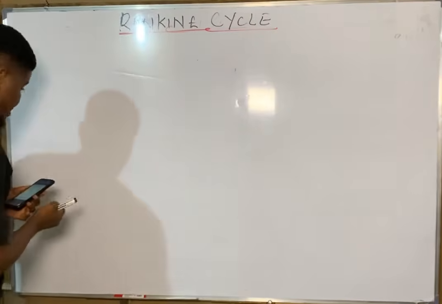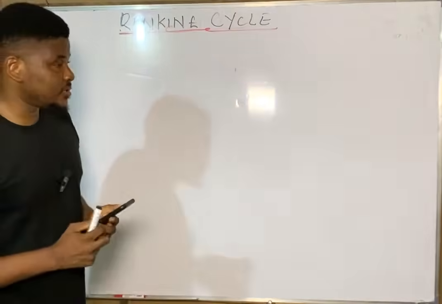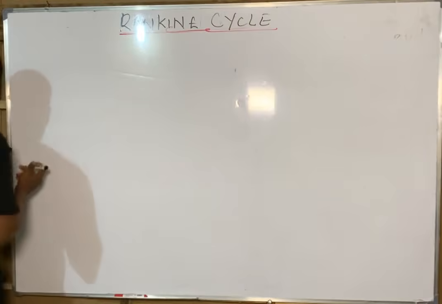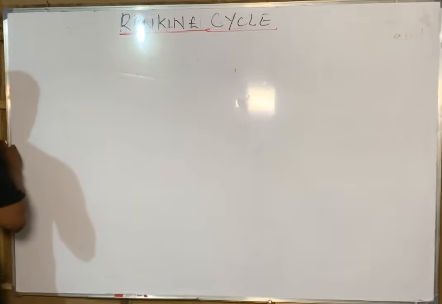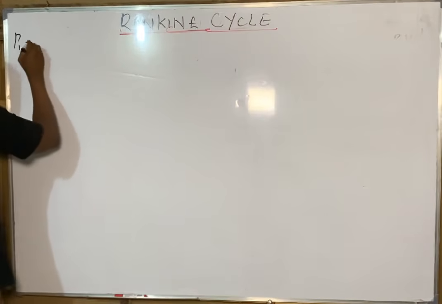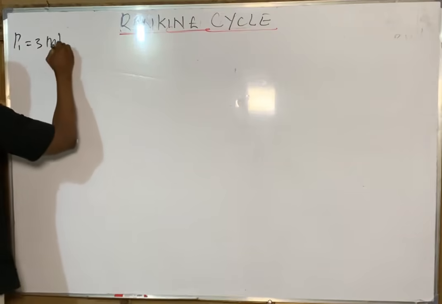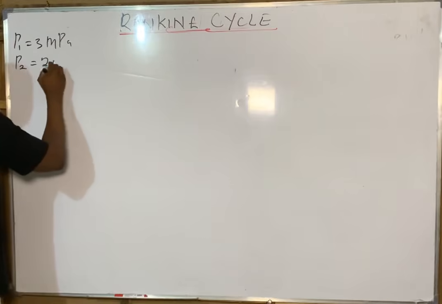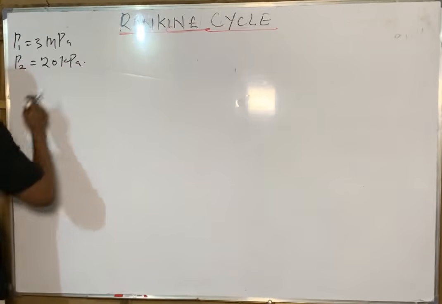So basically we don't need to draw any diagram. The parameters are already given to us and they are very clear. Let's pick out all that we were given in that question. We're given the initial pressure P1 equals 3 megapascal. We're given P2 equals 20 kilopascal.